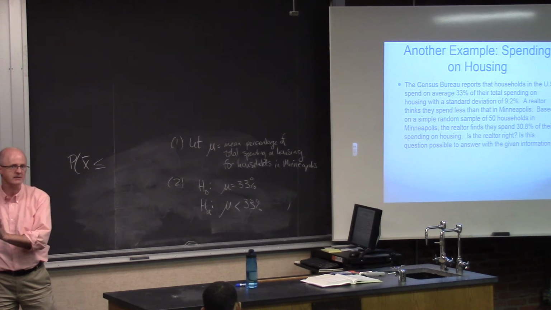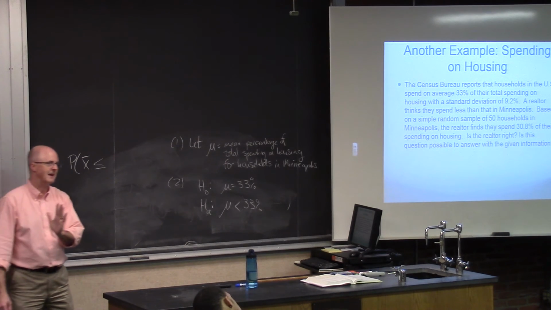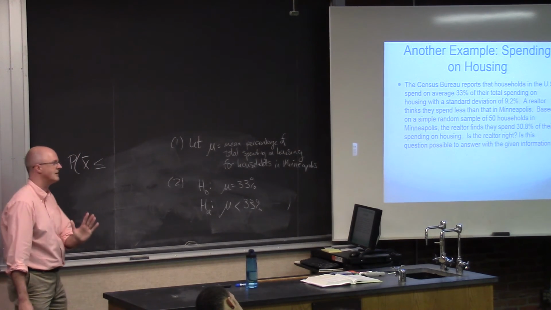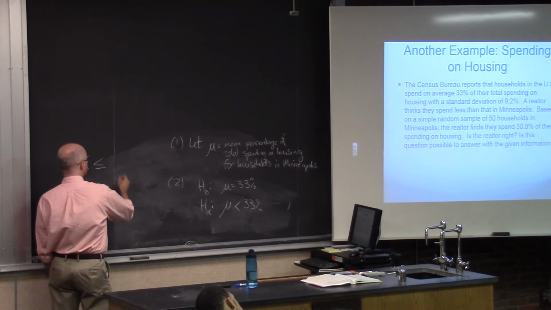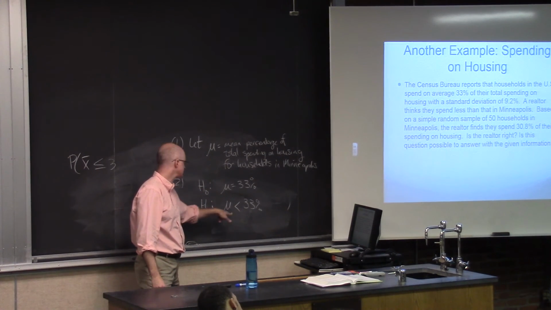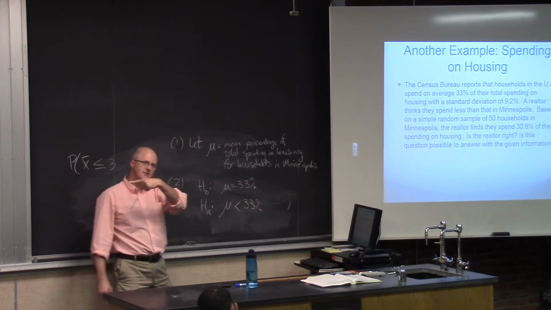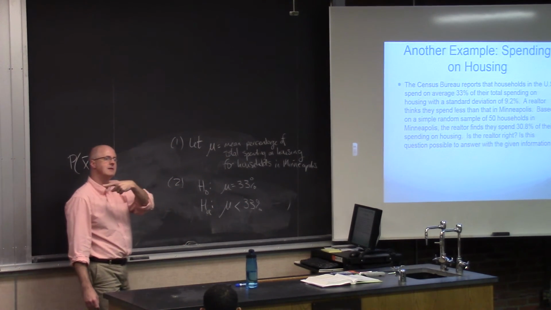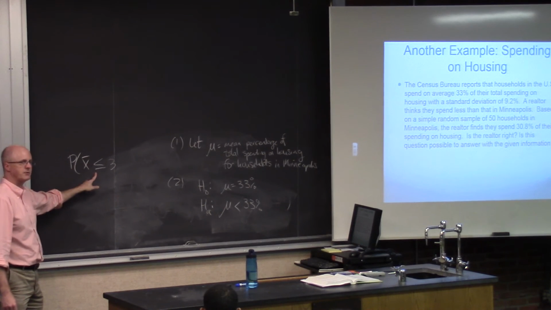This is called a left-tailed test. That's terminology you should know as well. As extreme or more extreme is always with respect to the direction of the alternative hypothesis. This is a less than sign to the left. Less than or equal to there.